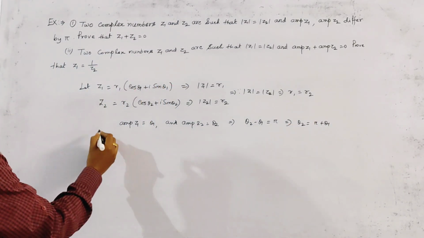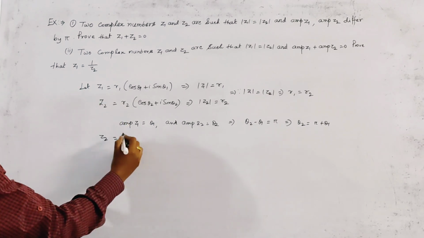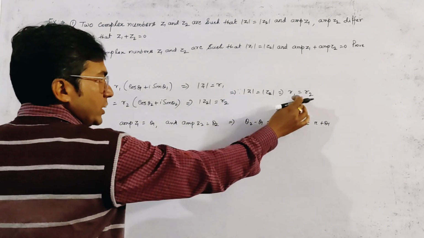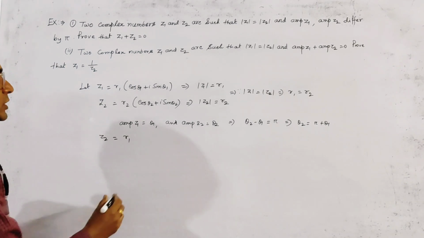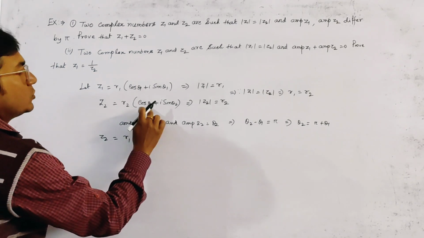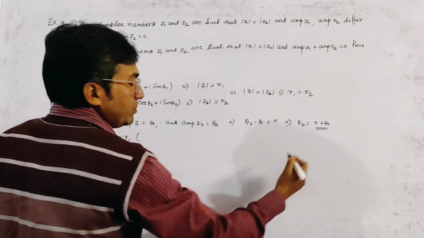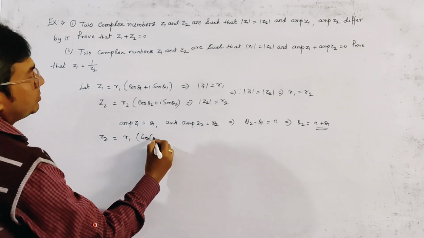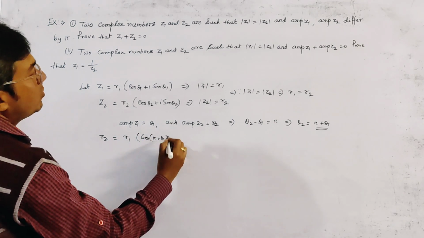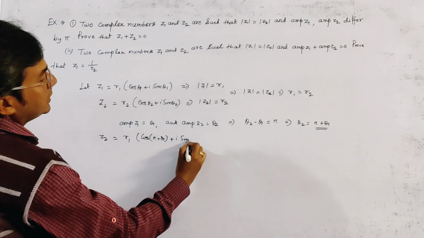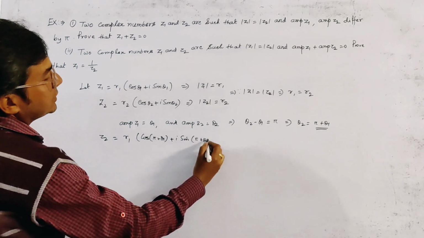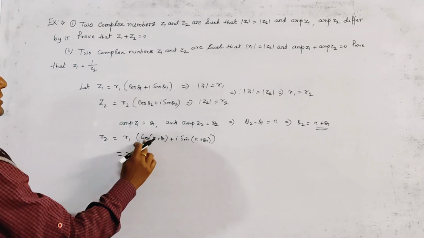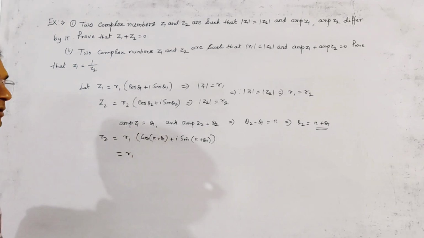Now from Z2 we can write R1, because R2 is equal to R1, which we already proved, and we put theta 2 equal to pi plus theta 1. So we get cos of pi plus theta 1 plus I sin of pi plus theta 1.